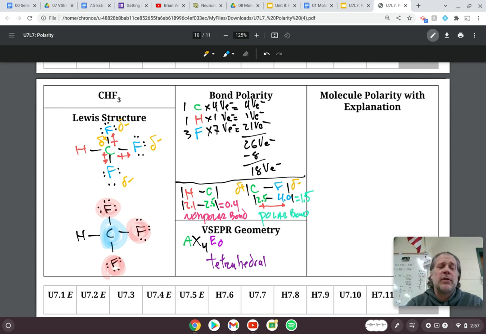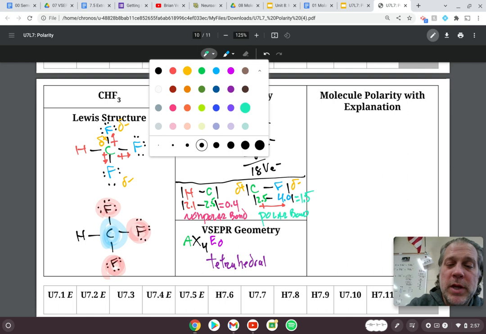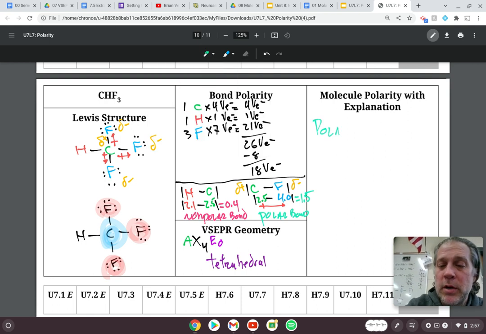Now, the arrows pointing up and down are basically canceling each other out. But the arrow being pointed to the right towards that fluorine has nothing to cancel it out because the hydrogen-carbon bond is nonpolar, and so the electrons are being shared equally, so they're not being pulled in any direction. So this molecule is going to be a polar molecule.